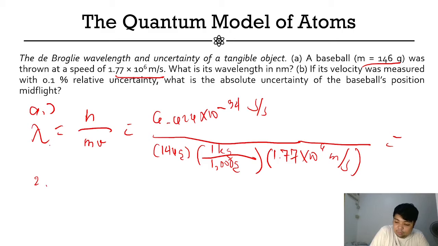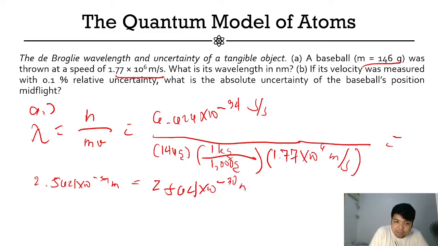So that is equal to 2.564 times 10 to the negative 39 meters. Converting it to nanometers, I'll get straight to the point. That is equal to 2.564 times 10 to the negative 30 nanometers.